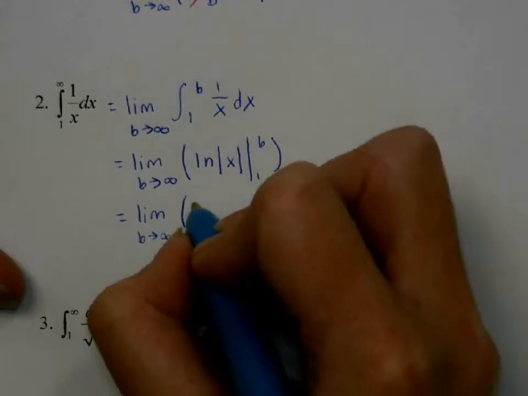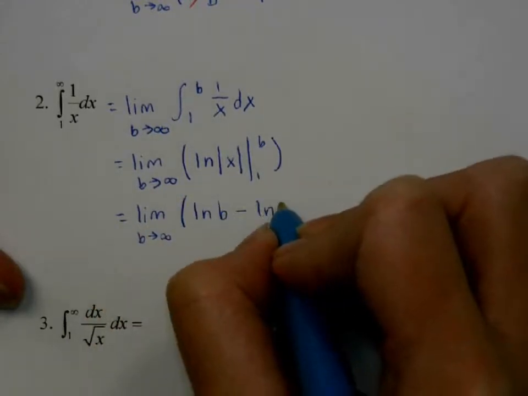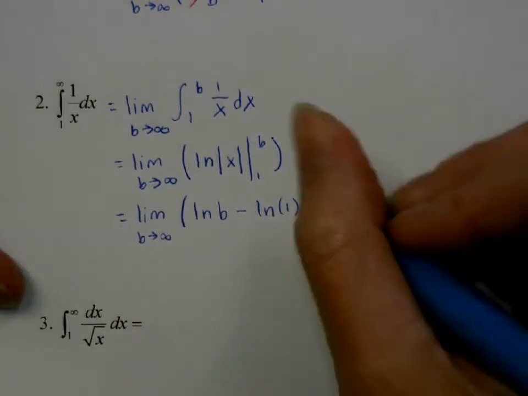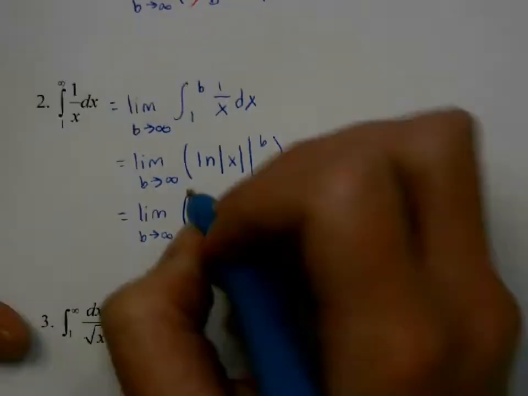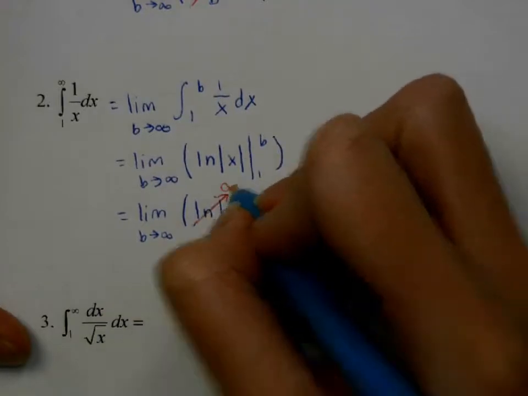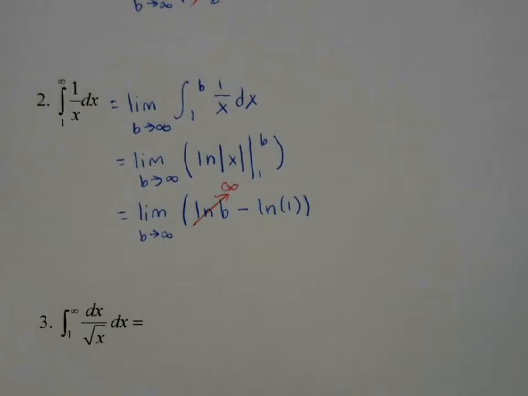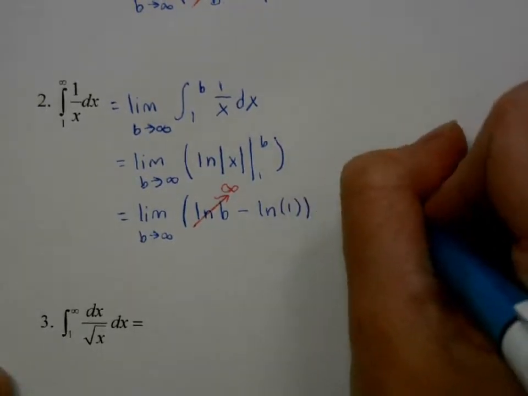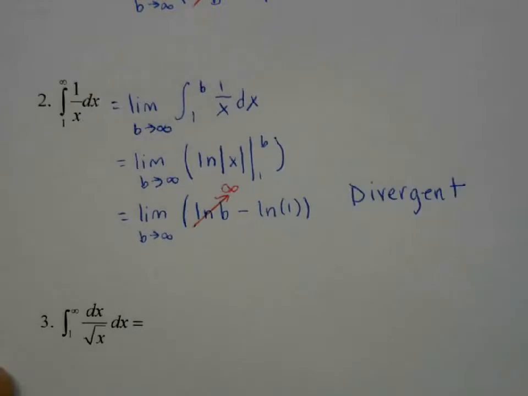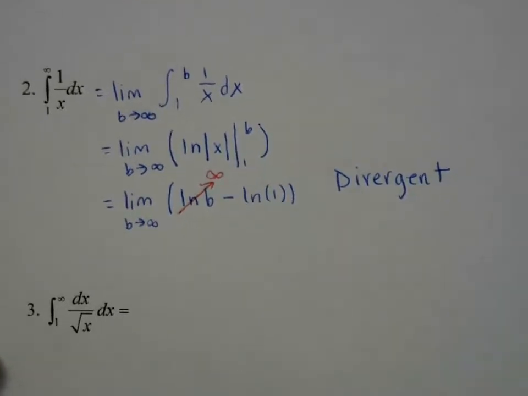So this is going to be the natural log of b minus the natural log of 1. As b goes to infinity, the natural log of b also goes to infinity. The natural log of 1 is 0, but since this goes to infinity, we consider this to be a divergent integral. If it doesn't have a value, it's divergent. If it does have a value, it's convergent.